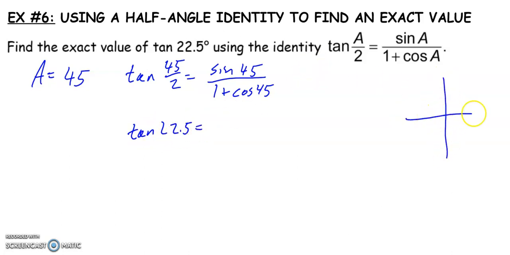So for the sine of 45, we've got 30 and we've got 45, the second line up. That is radical 2 over 2 and radical 2 over 2, cosine and sine. So the sine of 45 is radical 2 over 2, over 1 plus cosine, which is radical 2 over 2.